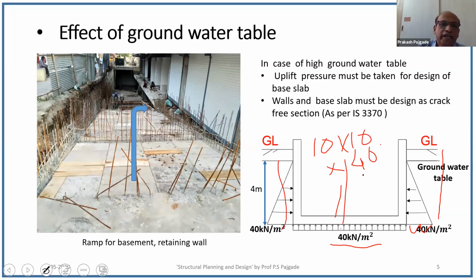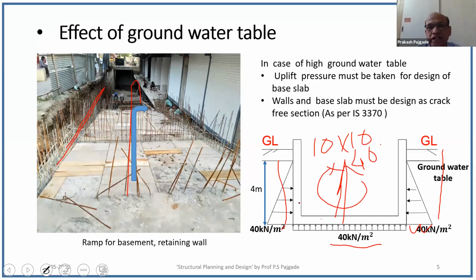Now, in case of basement, this is the basement. So these retaining walls, whatever retaining walls which are there, they must be designed for horizontal pressure, which will be due to water pressure and soil. So because we want that this basement must remain dry, these all sections, say base as well as vertical walls, must be designed as crack-free sections.